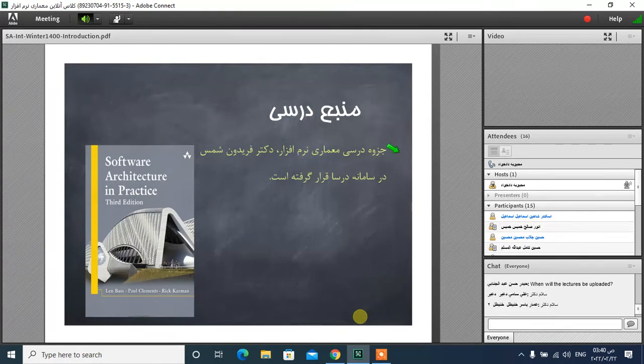If you know Farsi, you can read this book. Both of these books are similar. They cover the concepts that we are going to talk about in our course, so it's okay to read either one of them.